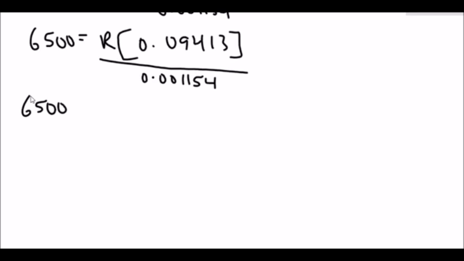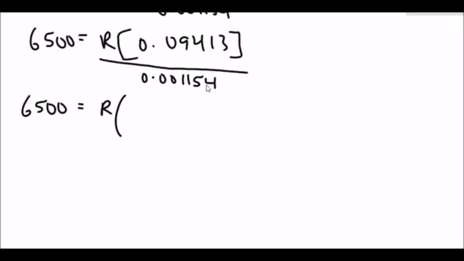So I'm going to do R times 0.09413 divided by 0.001154. Oops, I missed a decimal in my calculator, and that would mean bad news.